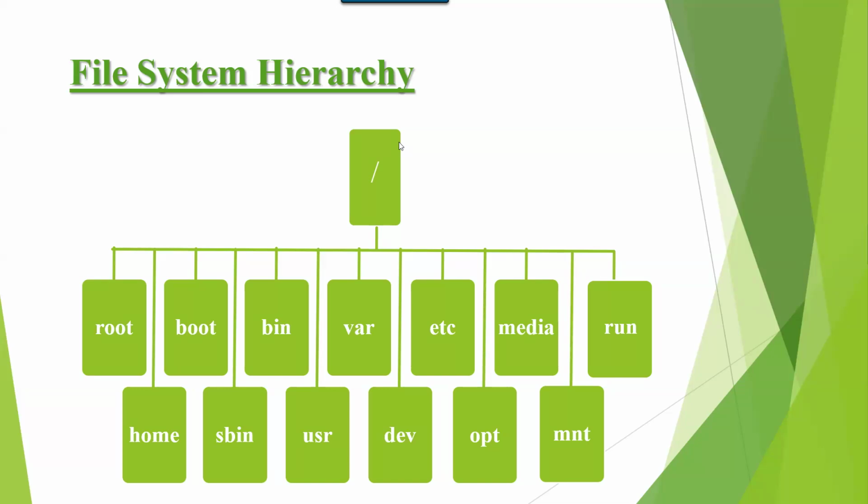But in Linux, after creating and formatting a partition, we cannot directly access it. To access the partition, we create a directory and give a link between the partition and the directory. That is called mounting. Once a partition is mounted with a directory, we can access the partition through the directory. I will show this practically in the partitions class, but that is in Linux administration.